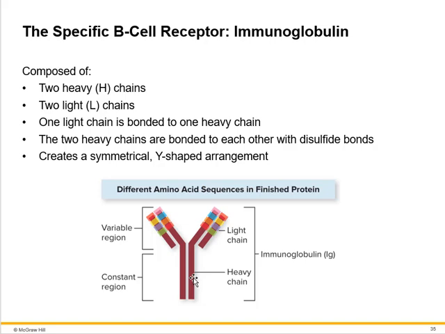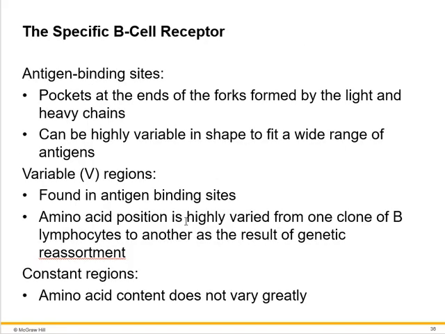But again, the constant region is unique to the class of antibody. So IgGs all are the same, IgMs are all the same, IgD is all the same, IgA is all the same, IgE is all the same here in the constant region. But the unique variable part is the same if you came from the same clone; they would all have the same variable region.